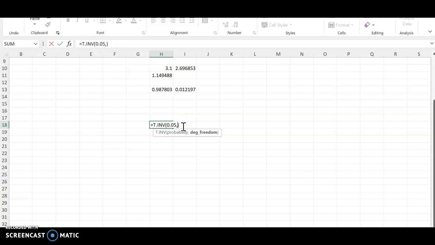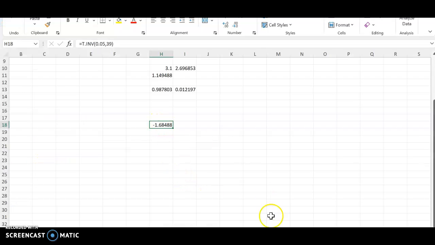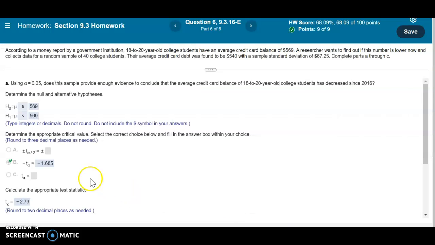Your n, here it was 40 was our sample, so 40 minus 1, your degrees of freedom is 39. So our critical value here is negative 1.685. That part has not changed. The rest of it really hasn't changed. It's just forming your hypothesis. Now, it's negative because it's the less than side.